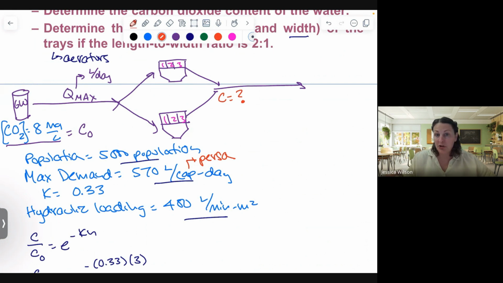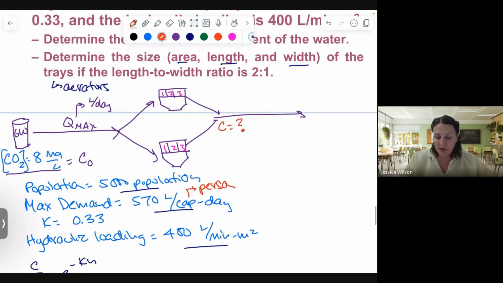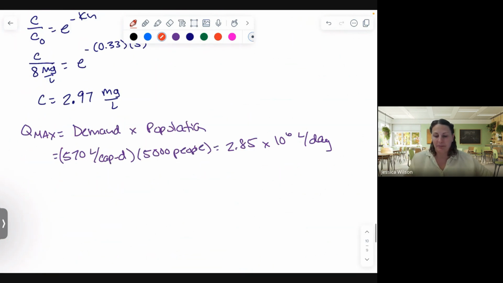If we're using both aerators at the same time, which we're going to assume because it doesn't tell us otherwise, the flow going to each aerator ends up being split. It's actually Q max over 2. The total flow is being split, so we've got half the flow going to one aerator, half the flow going to the other aerator.